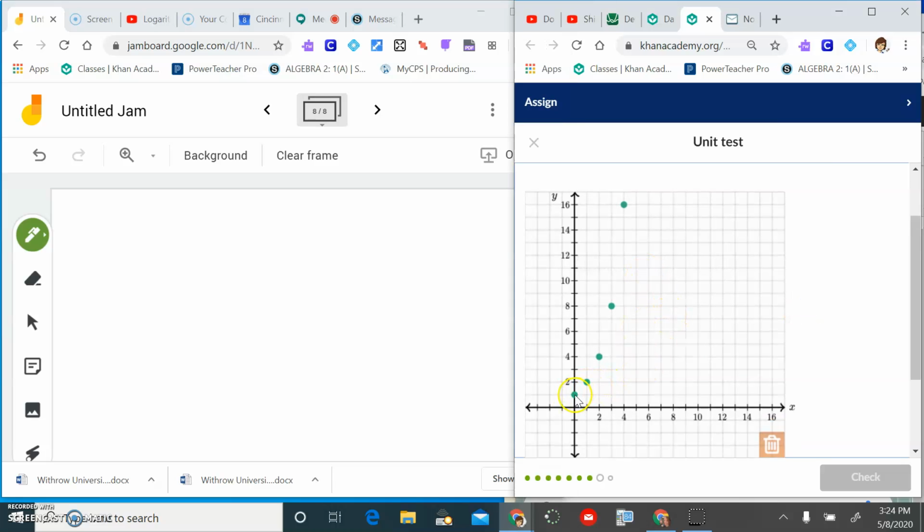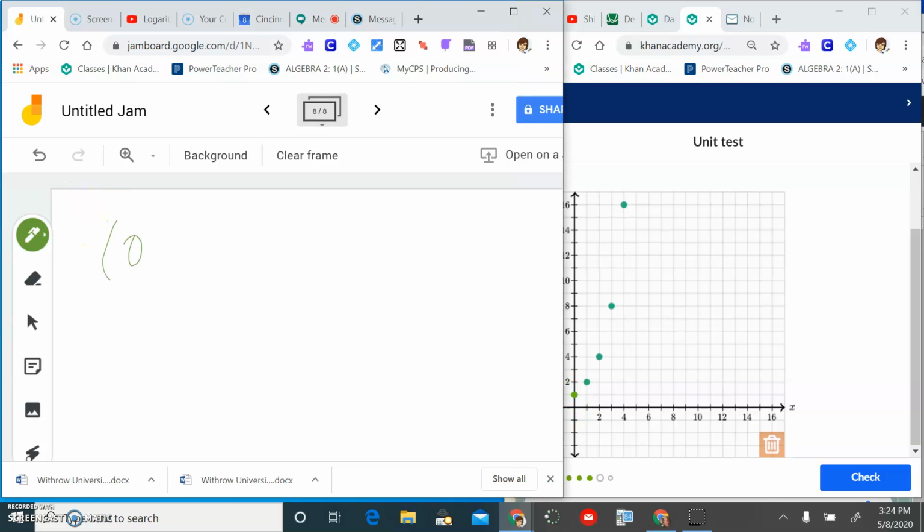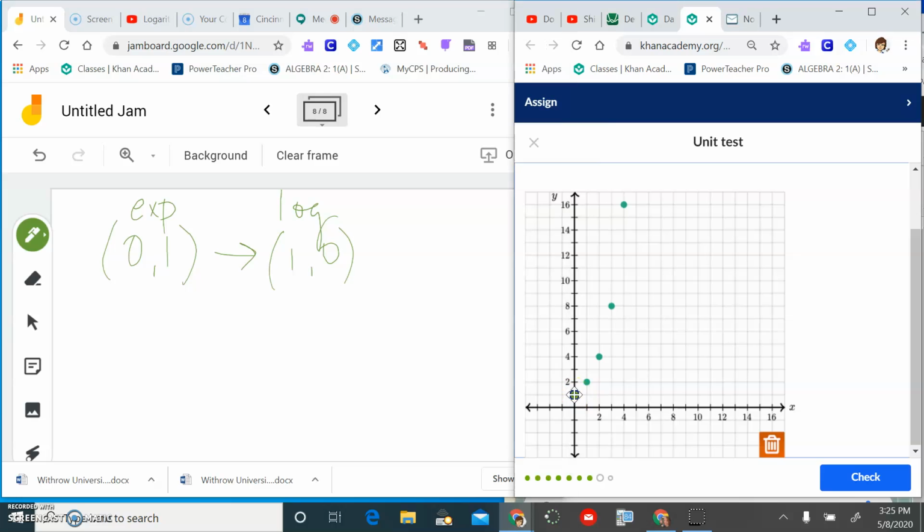Okay, so this first point here is at 0, 1. And this is the exponential version. So in the log version, it's just going to switch to 1, 0. So I'm going to take this point I made and put it down here.